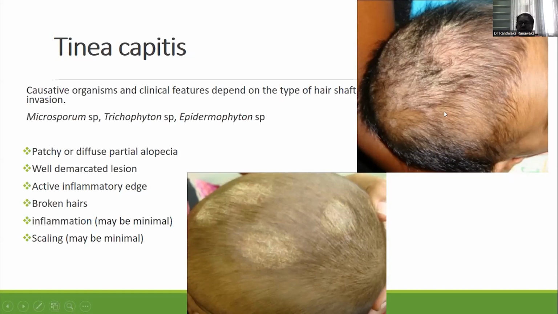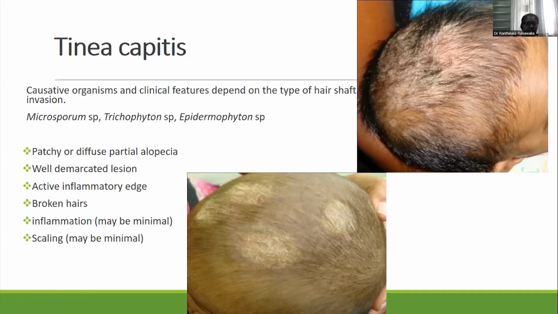Even in the upper one, you can see it is well demarcated. If you remove hair and see, you can see the active inflammatory edge, and it is well demarcated. And the normal skin is very clear here. Here also, unaffected skin is clearly demarcated from the infected skin.